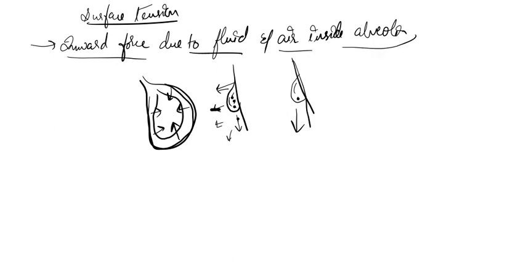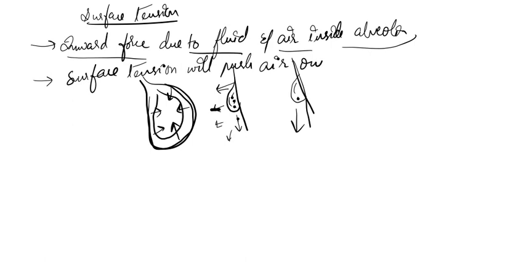Now what happens is, surface tension will push air out, so that it may lead to alveolar collapse. Alveolar collapse.